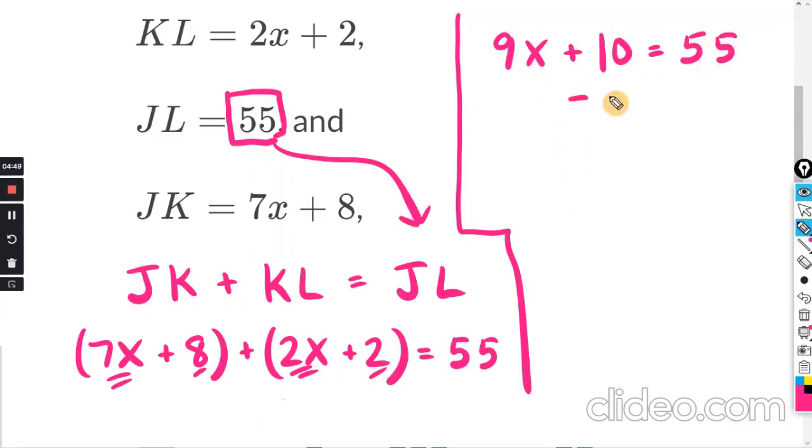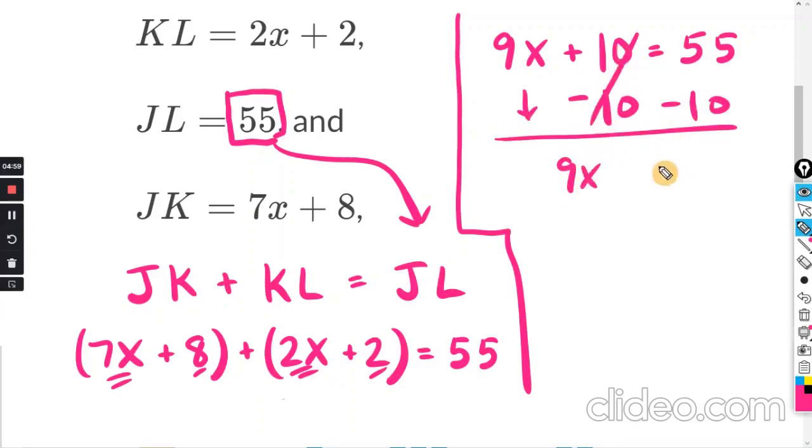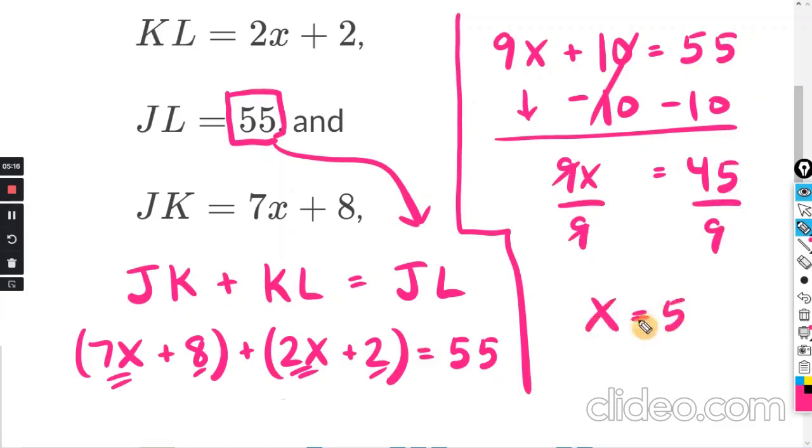So the opposite of positive 10 is negative 10. Bring down your 9x. 10 minus 10 cancels. Bring down the equals. 55 minus 10 is 45. Finally, this is x times 9. The opposite of times 9 is divided by 9. Do that to both sides. The 9's cancel. And x equals 5.